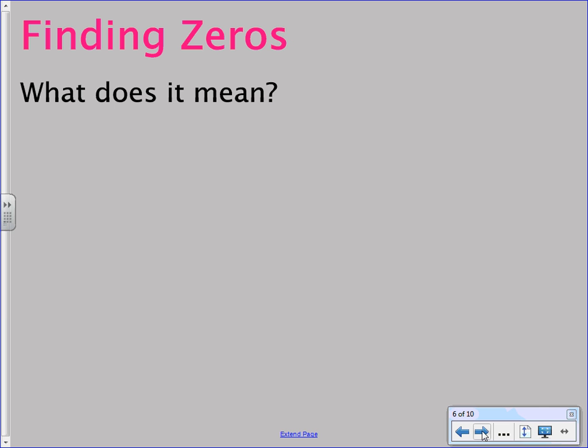Okay? Finding zeros. What does it mean when I say find a zero? Intercepts. What kind? X and Y. Well, we're going to stick specifically with x-intercepts. Why would finding an x-intercept be considered a zero? How do those two connect?